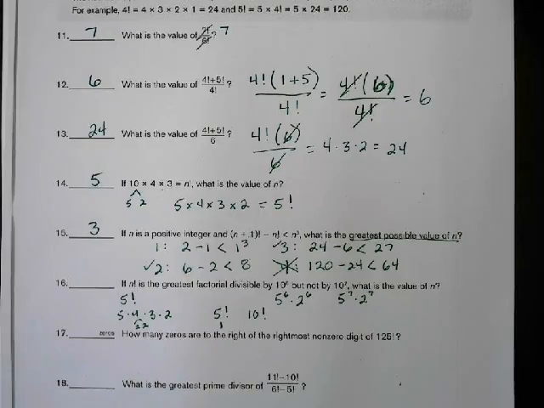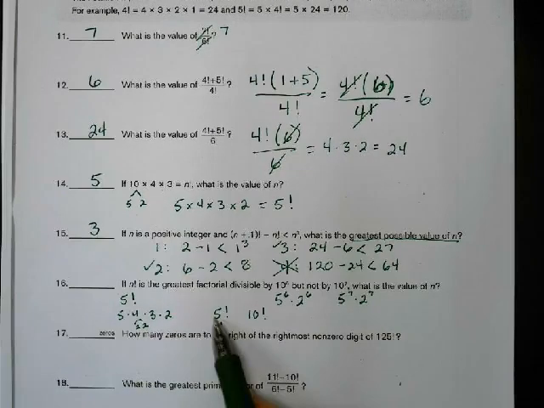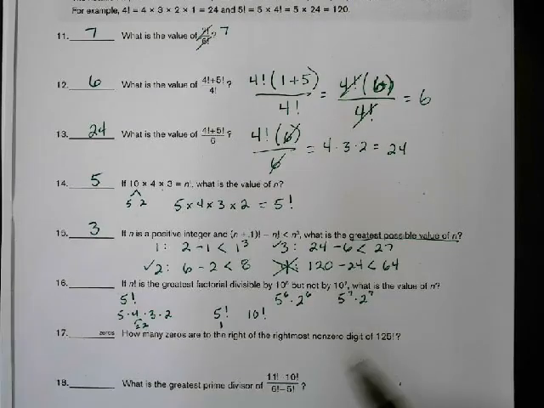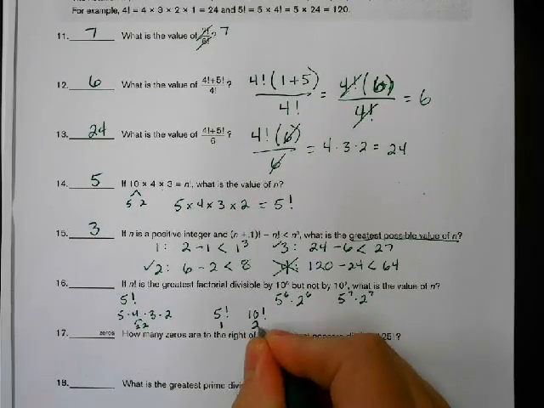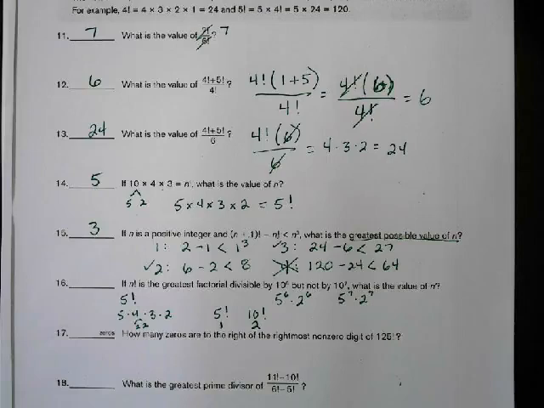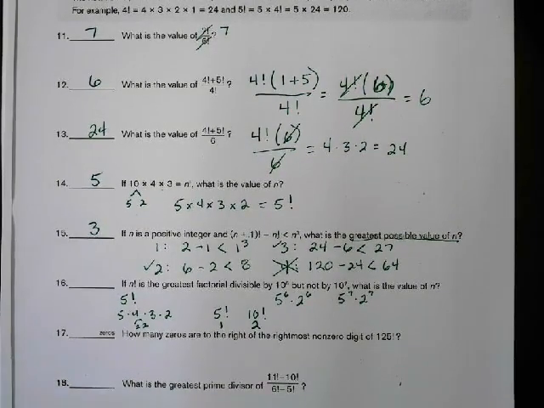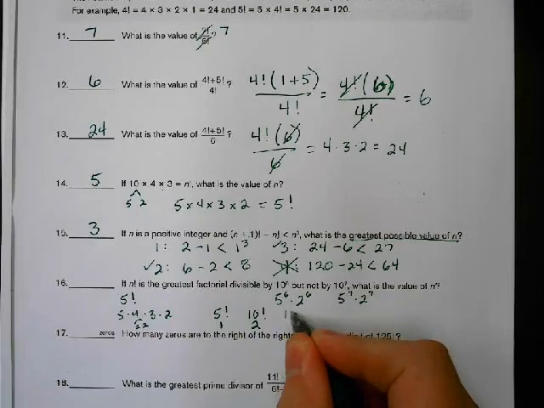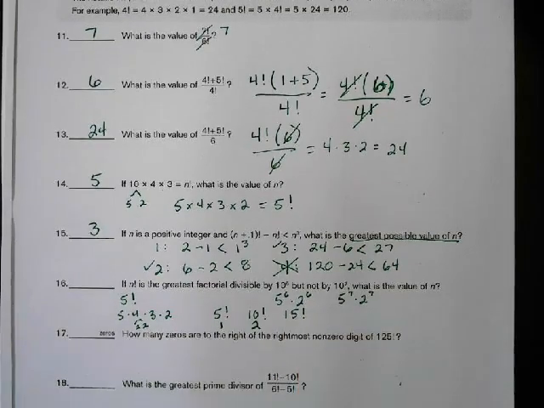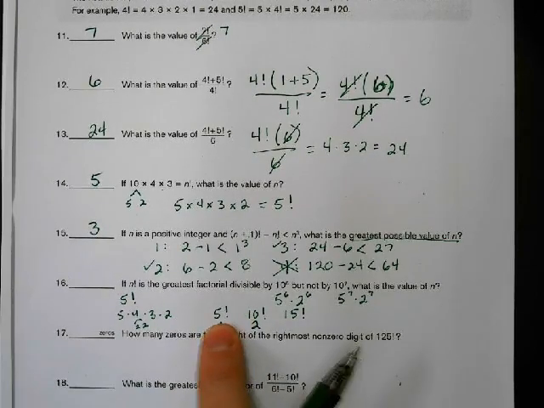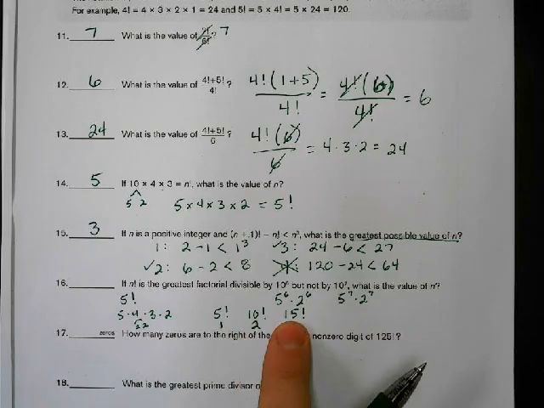10 factorial will have the 5, and then 10 is 2 times 5, so I can get a second 5. So I could get 2 5s there. Let's go on to 15. 15 factorial will get a third 5 from this one, because we got a 5 from the 5 here, a 5 from here, and now here's a third 5.